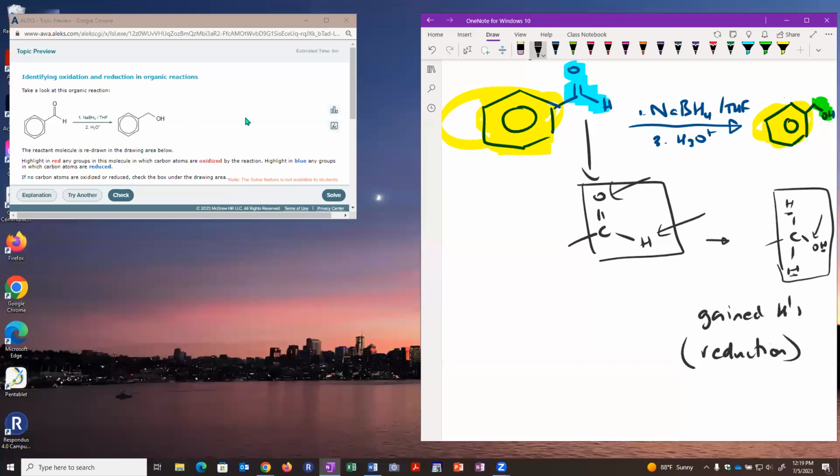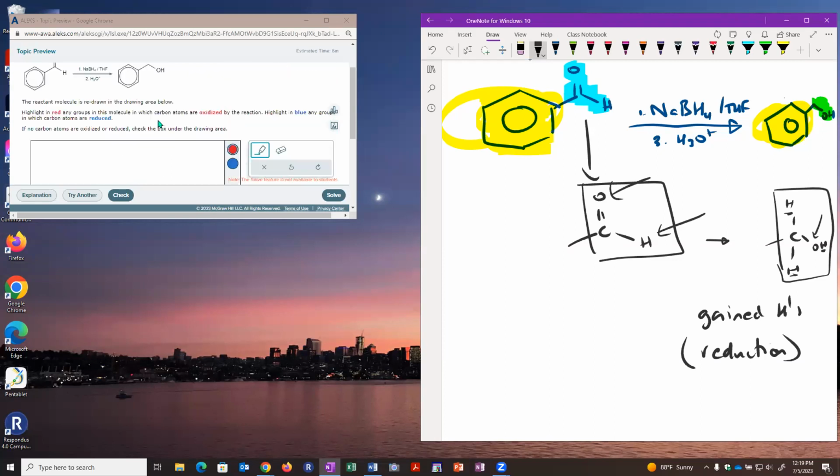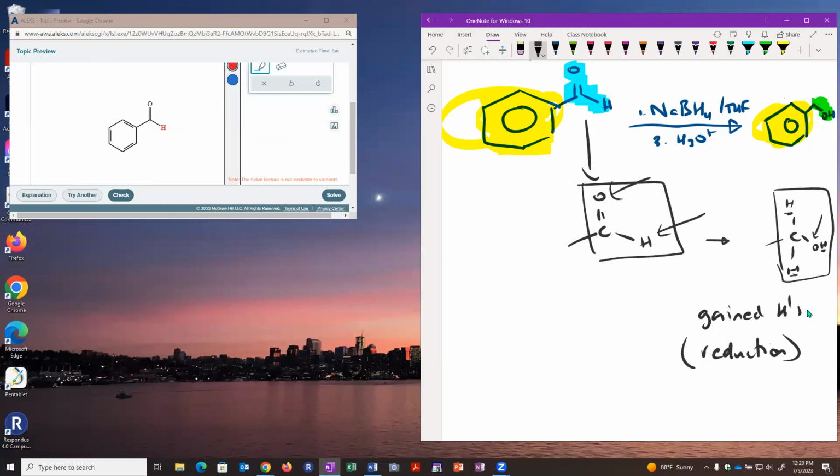So in our example, we're showing here the reactant, and we need to highlight in red any groups that are oxidized, or in blue any carbons that are reduced. Obviously, now we can see that the carbon has gained a bunch of hydrogen, so it is being reduced.